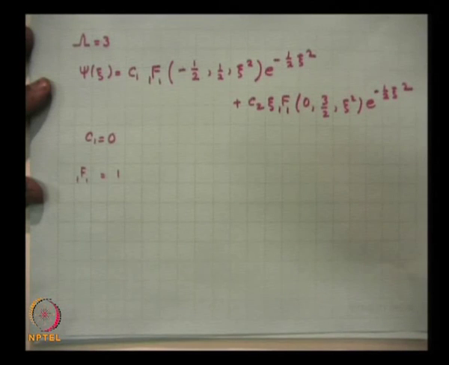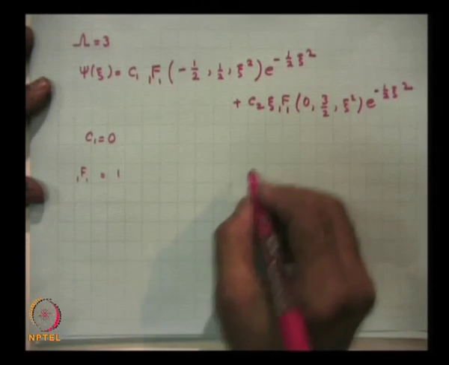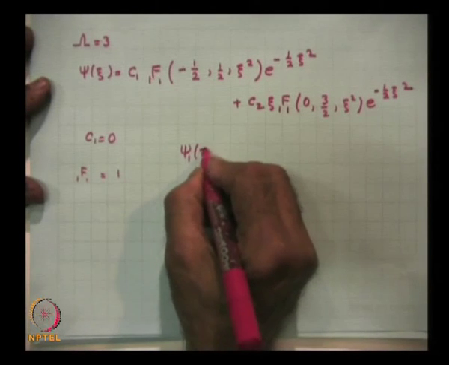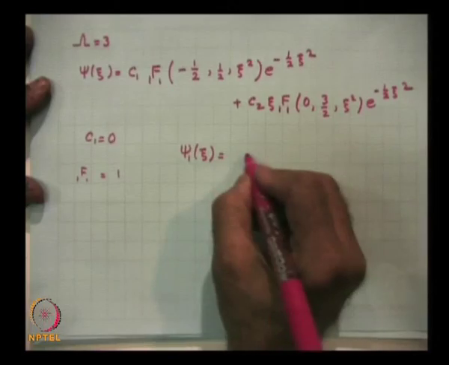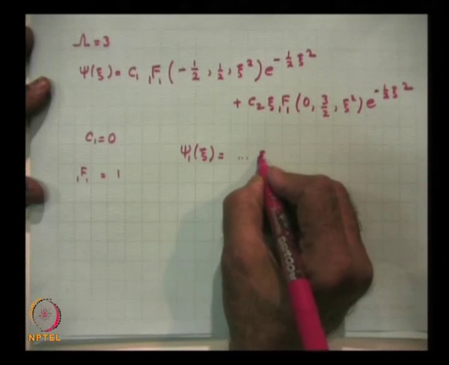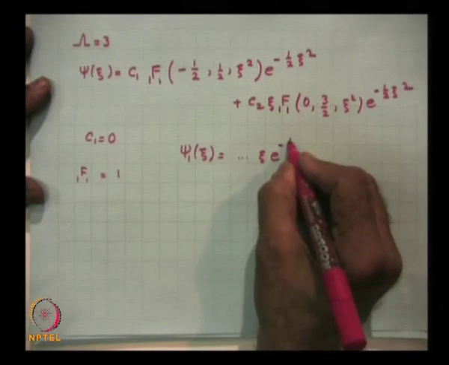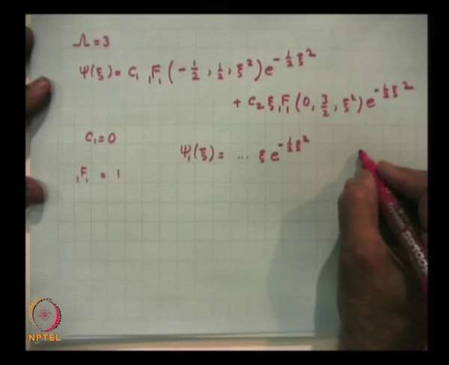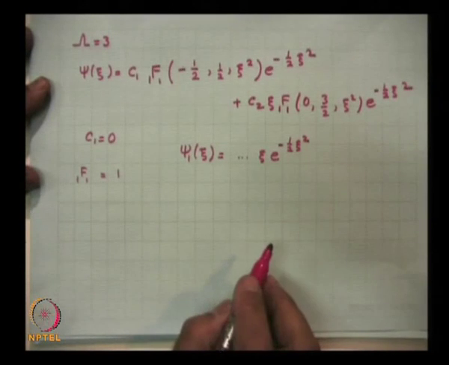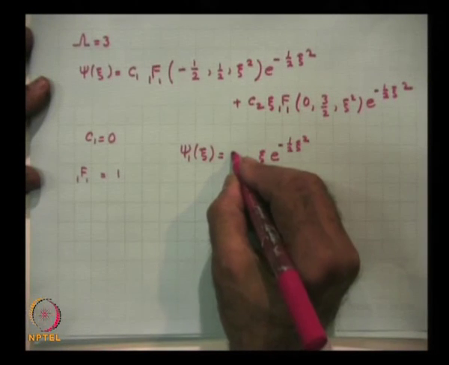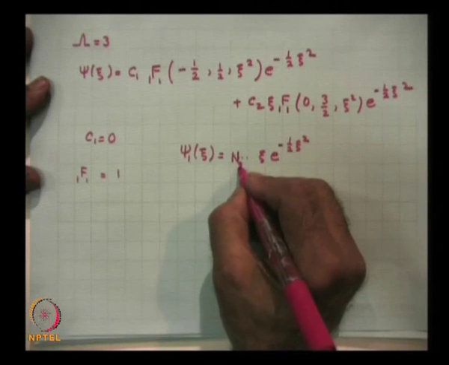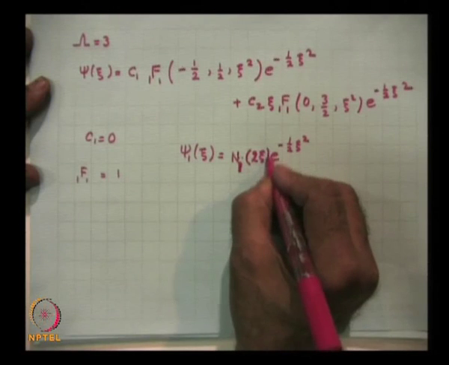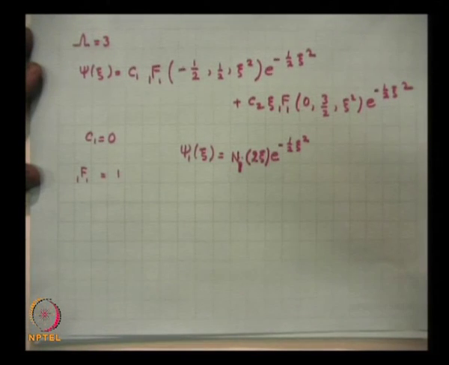So, the solution for the eigenvalue is psi 1 of xi equal to some multiple of xi e to the power of minus half xi square. The coefficient, I will come back to that in a moment. Actually, I will put here a factor N1, which is the normalization constant, and I will put a factor of 2, which will become clear in a moment.